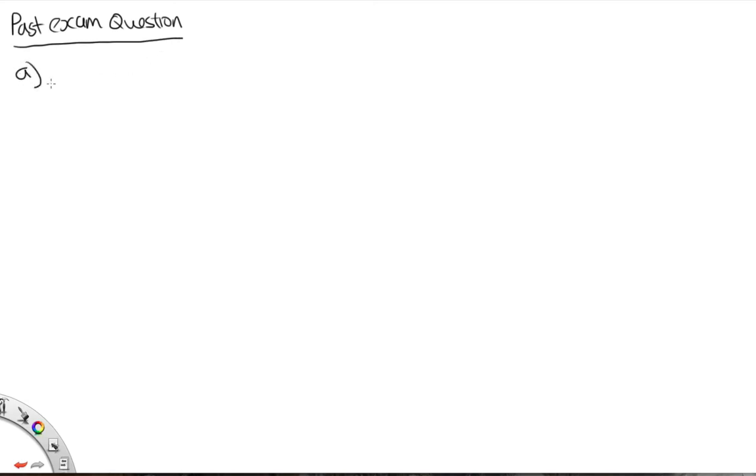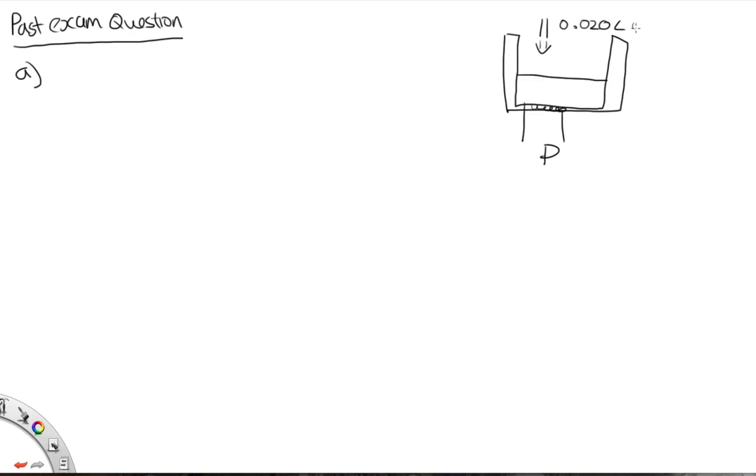In part A of this question, we have a water bath. There's a container here with a heating element and some power P, and into this container we're adding 0.020 litres of water each minute.